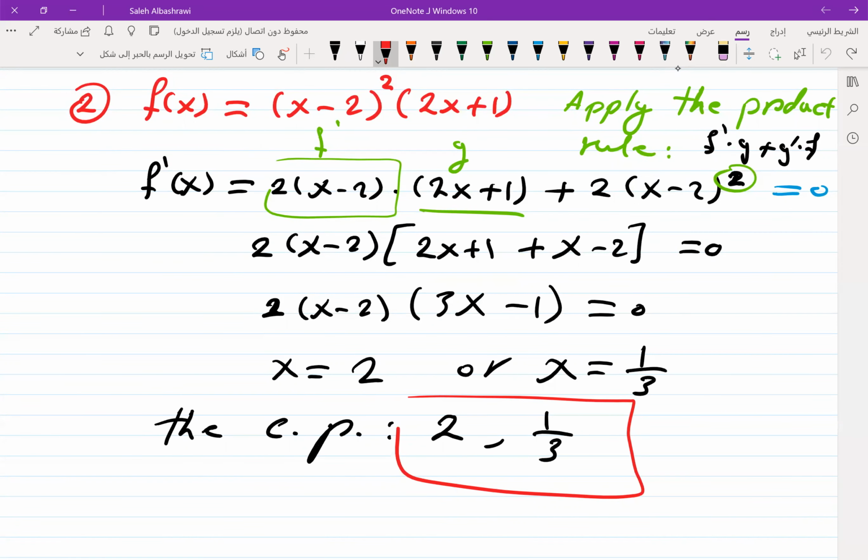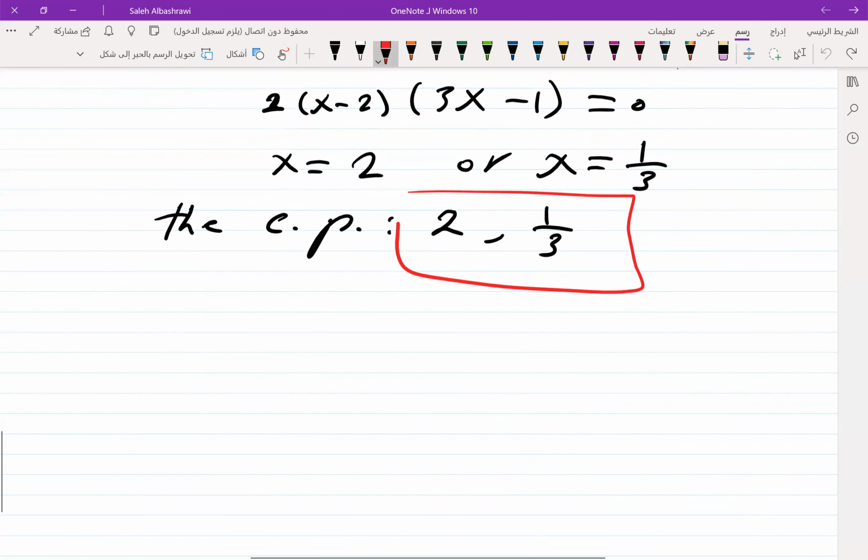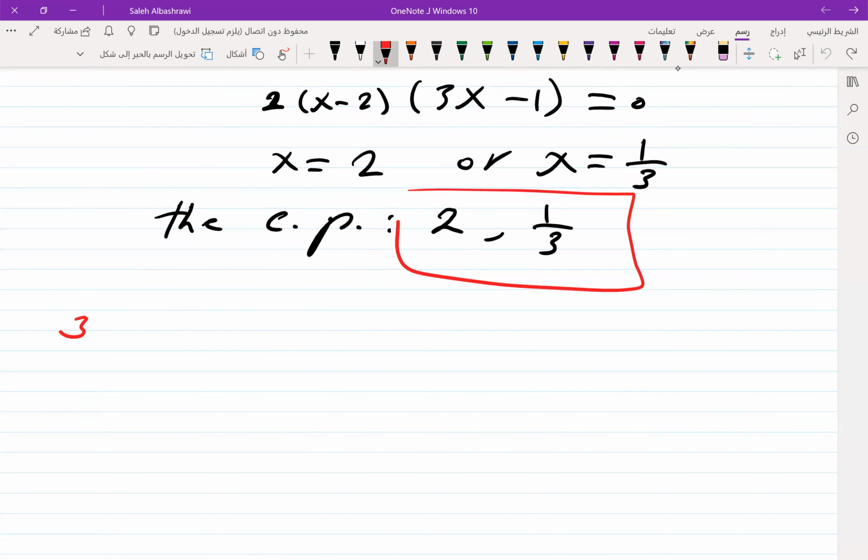Take one more. Number 3. F of x equal to 1 plus 8x minus 3x squared. And we need to find the critical point.